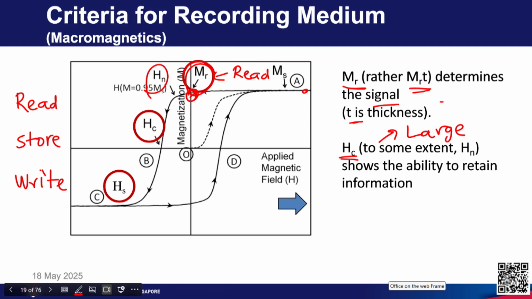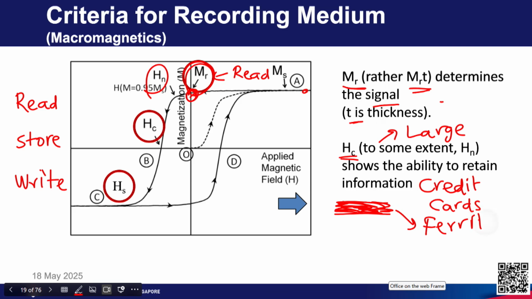I can give you some example. If you take the old credit cards, you will see a black stripe. So, this black stripe is basically a ferrite material with a coercivity of around 700 oersted. On the other hand, the magnets I have here, these are tiny neodymium iron boron magnets.